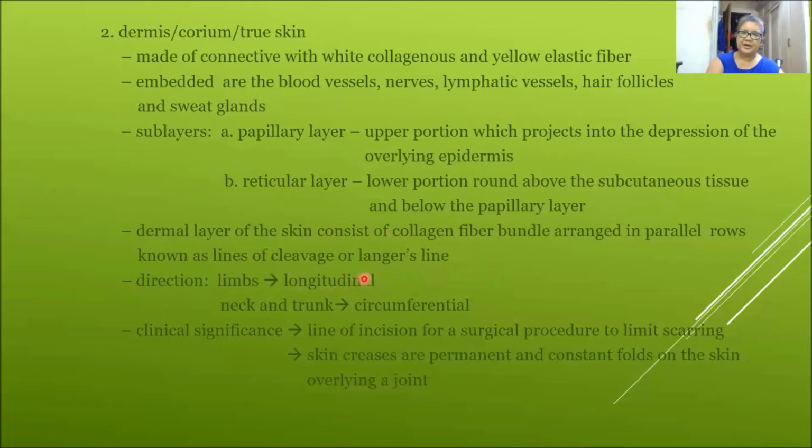So for those who are nurses, during your nursing days when you were a student and you were assisting, you have seen that some surgeons, when they do an exploratory laparotomy, will counter the direction of Langer's lines by doing an incision across the collagen fiber bundle arrangement.